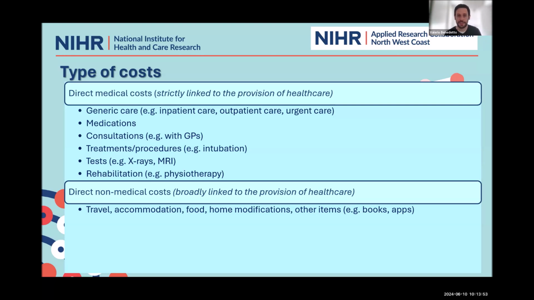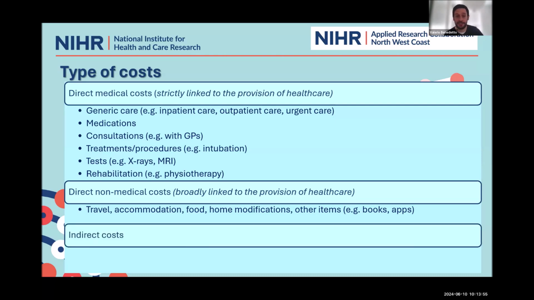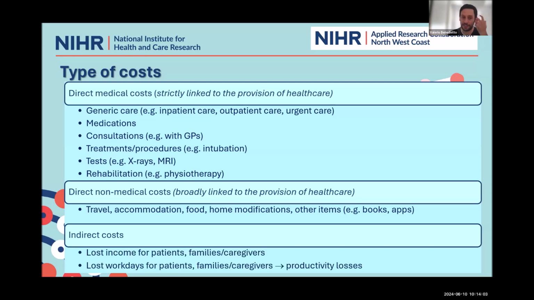So these are direct non-medical costs, and then we move aside from the health or social care spectrum, and we talk about indirect costs. Here, instead, we talk about any lost income for the patients, for the families, for their caregivers. So of course, typically a patient will not be able to work for some time, and they would lose salaries after a certain point.